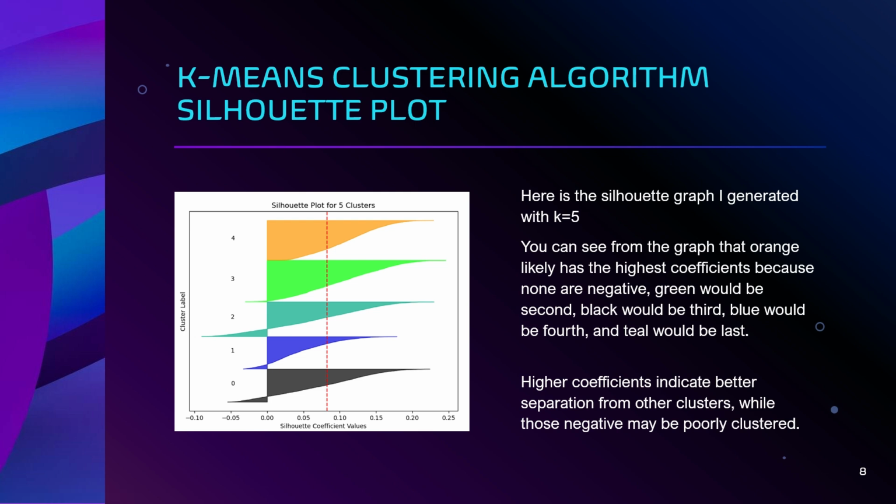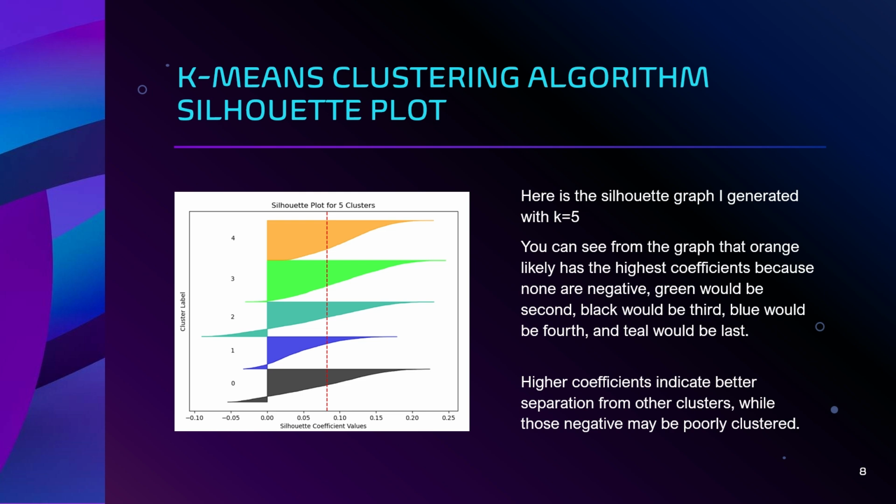This is the silhouette graph I generated with k being 5. You can see from the graph the orange likely has the highest silhouette coefficients. None are negative. Green would be second, black would be third, blue would be fourth, and teal would probably be last.